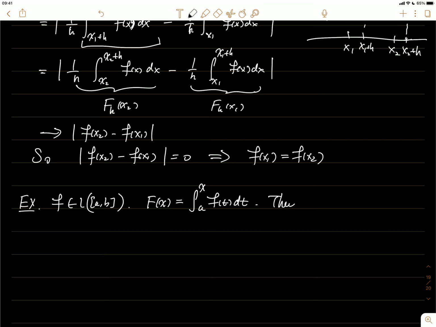Then we can claim that this F must be BV, bounded variation, and also the TV of F. Since it has bounded variation, the TV is finite. The TV is also bounded by that.